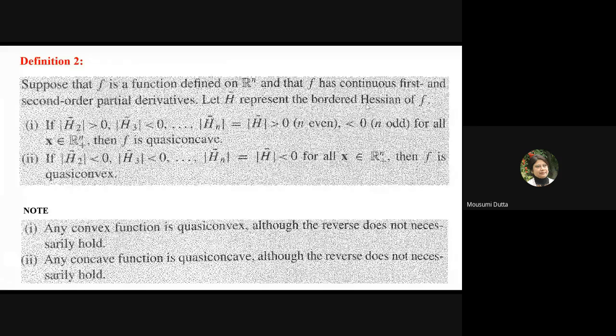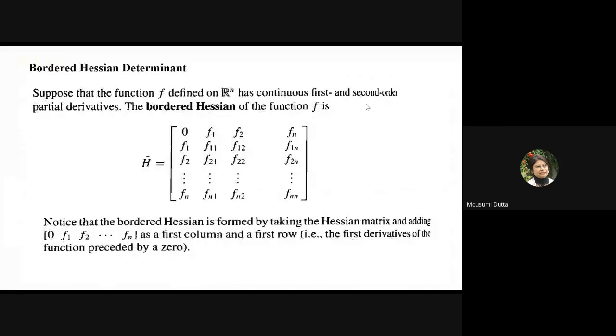This is the new definition I'm adding here because we need it. For quasi-concavity or quasi-convexity, we need to consider the bordered Hessian determinant. In the last chapter, we used the Hessian determinant. Here, we will introduce the bordered Hessian determinant. So let's first see what is the meaning of bordered Hessian determinant, and then we will come back to this condition.